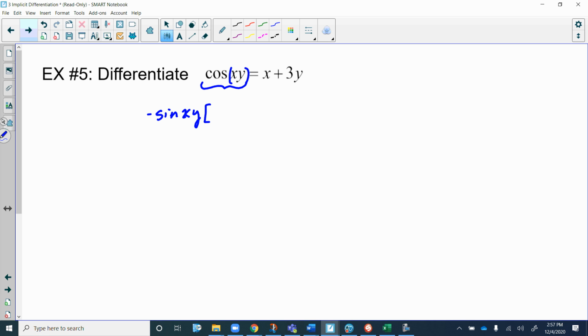The derivative of the inside part, we have to do the product rule, so that's going to be x times y prime plus 1y. And on the right side, the derivative of x is 1, and the derivative of 3y will be plus 3y prime.